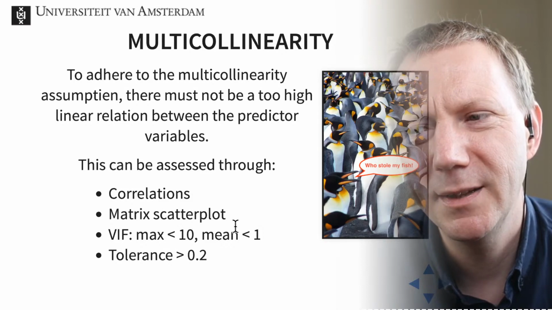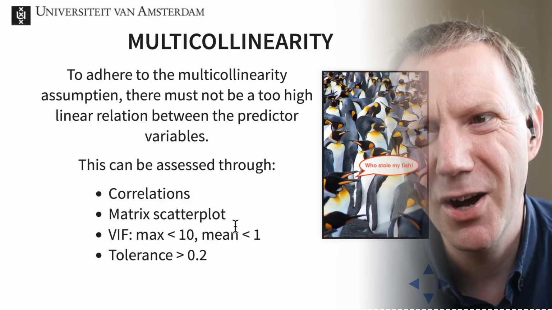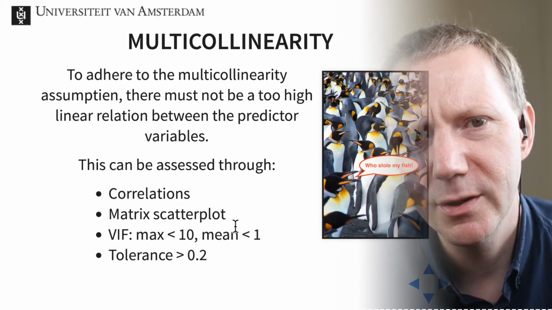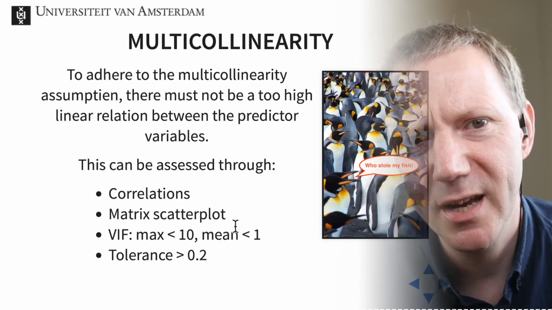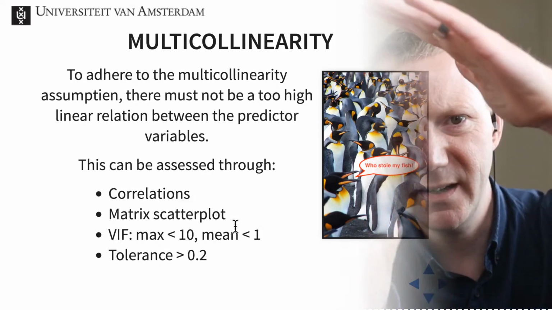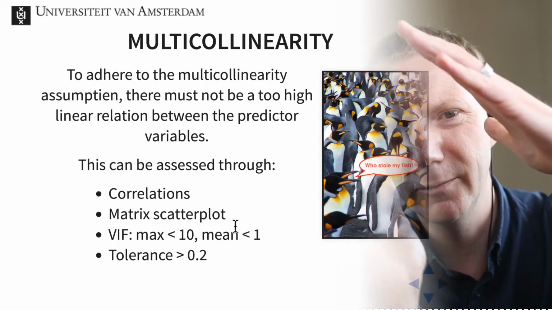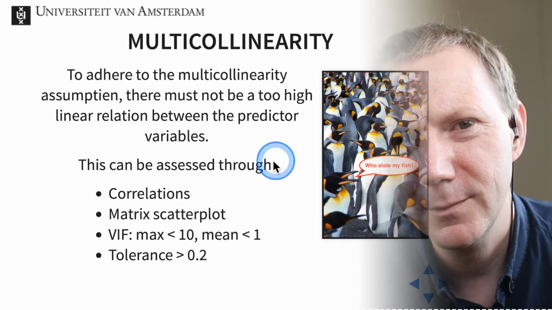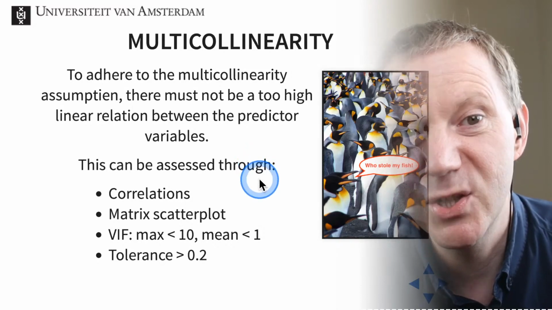So there isn't a definite cutoff, right? So it is the combination of doing the correlation and looking at the scatter plots. Let's say you looked at the scatter plot and you see that there's somewhat of a linear relation, but you're not sure if it's too high.